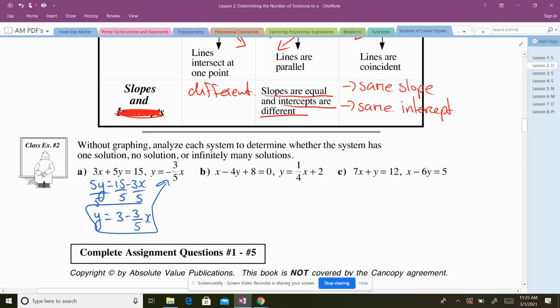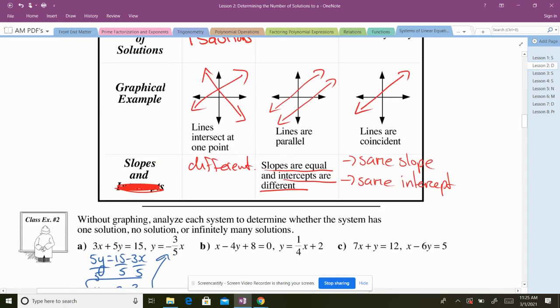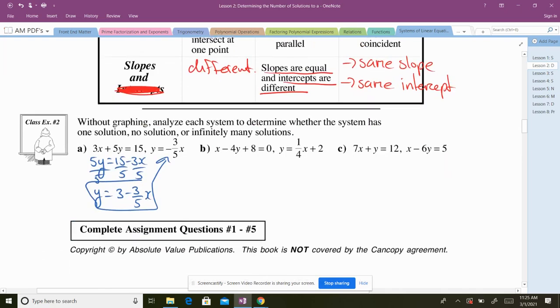How many solutions does that have? Look at the slopes. What are they? The slopes are the same, but they're not the same equation, right? So if the slopes are the same and not the same equation, they have no solution because the lines are parallel.